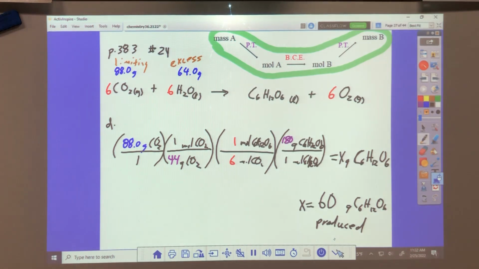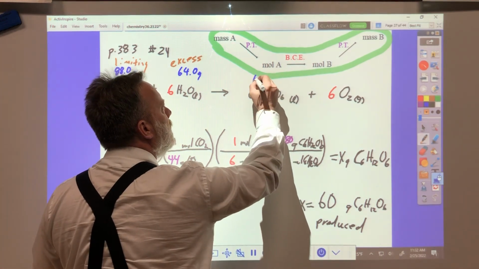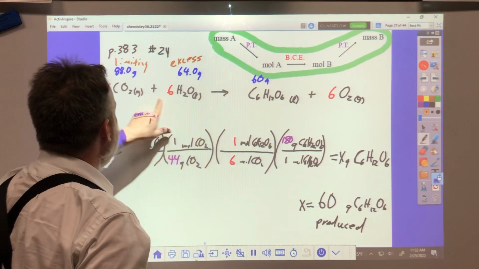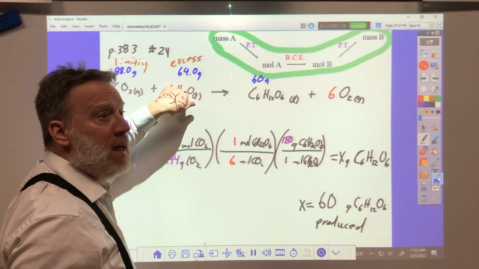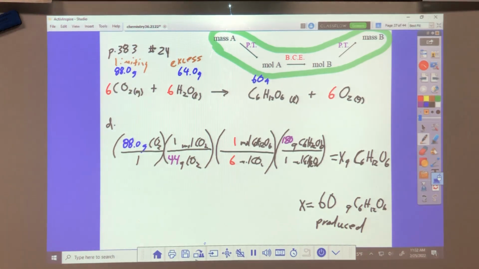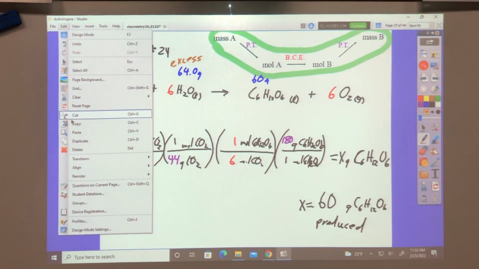I'm going to write that up here in blue. And then the next step is, I'm going to go back and do part C. I'm going to use this to determine how much of this we consumed and subtract it off and get the excess, just like last time. So edit, copy, edit, paste.